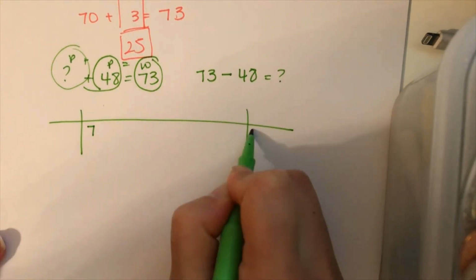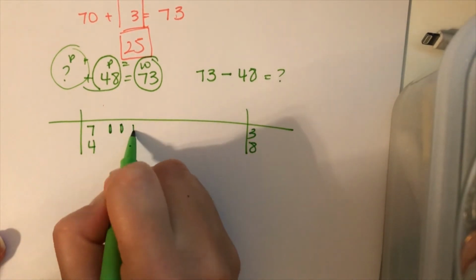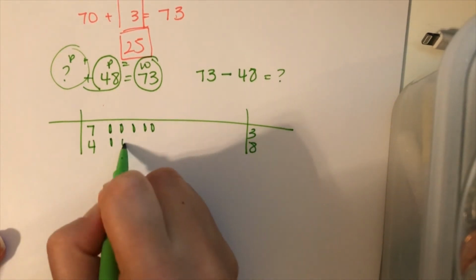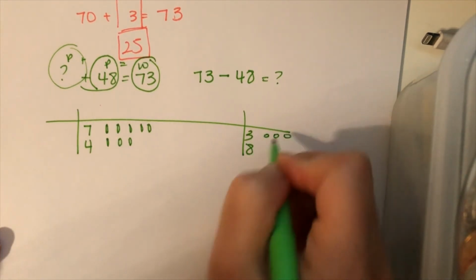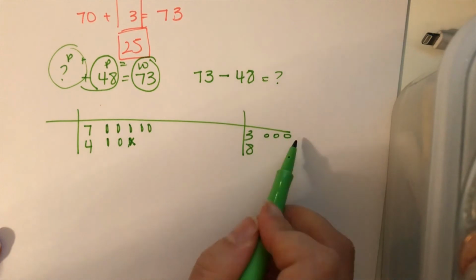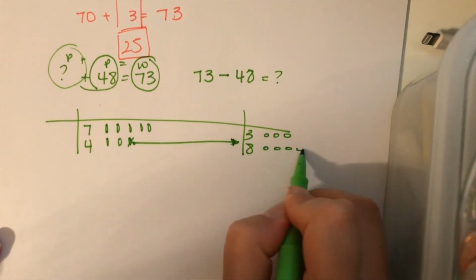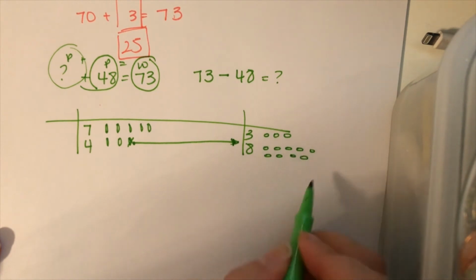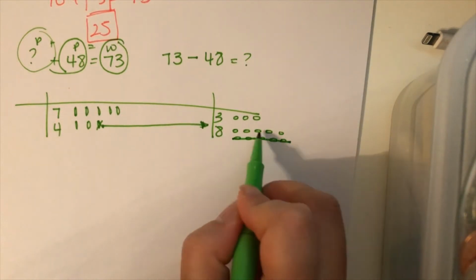So now I'm going to subtract and try to solve and see, hey, did I get 25? Because they're saying 25 is my answer up here, but I'm not sure. How do we figure that out? We only have 3. They want us to cross off 8. Gotta unbundle. So I'm gonna cross off 8. 5, 6, 7, 8.